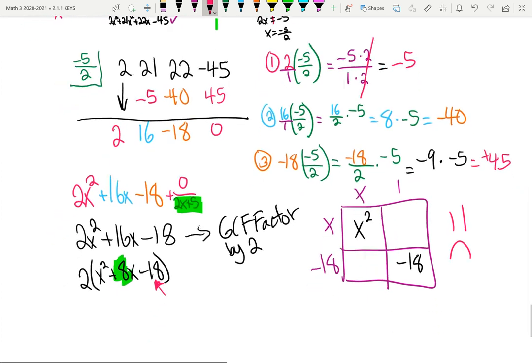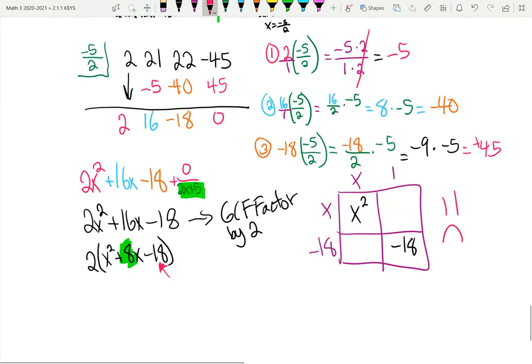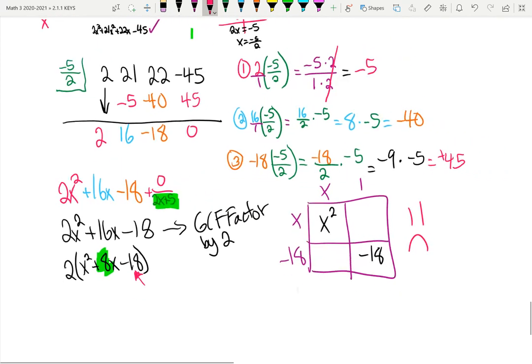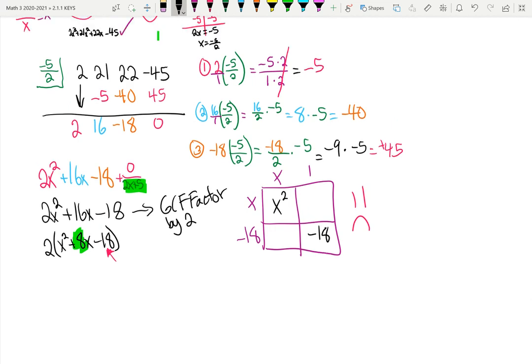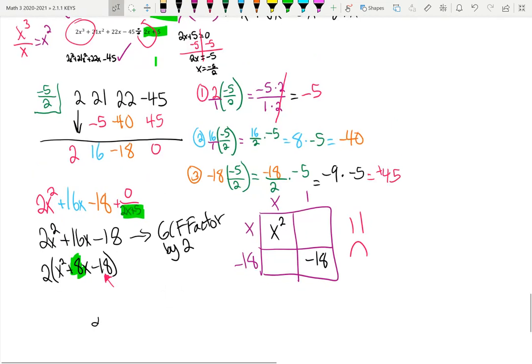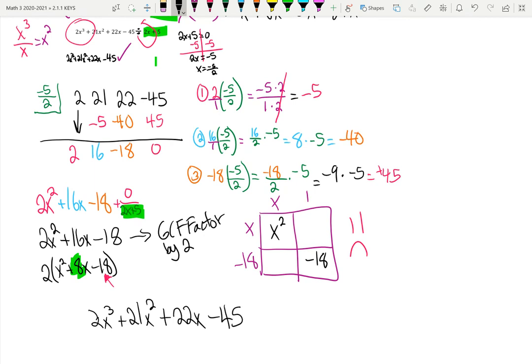So we can conclude by saying, well, what did we do? Looking at my original problem, I had 2x to the third plus 21x squared plus 22x minus 45, and I divided it by 2x plus 5.